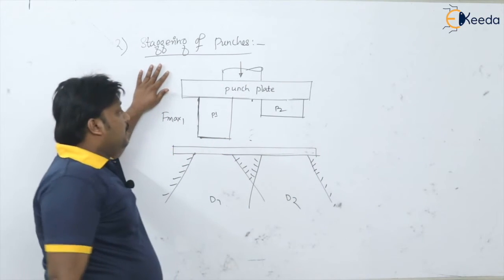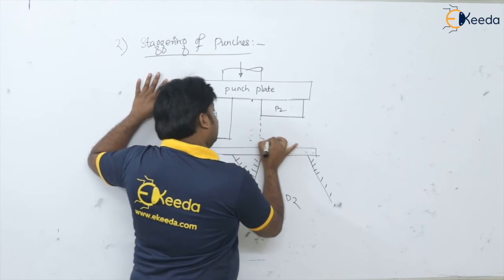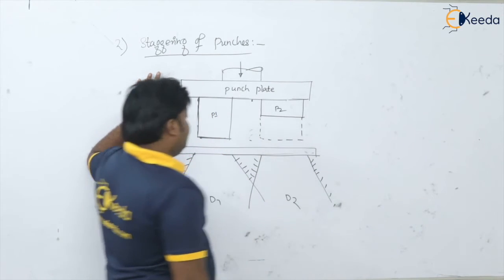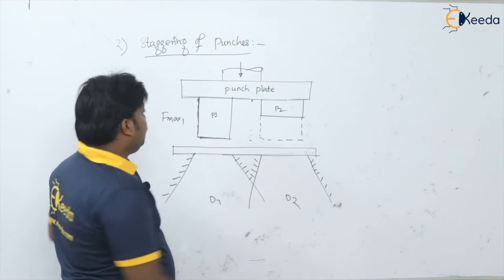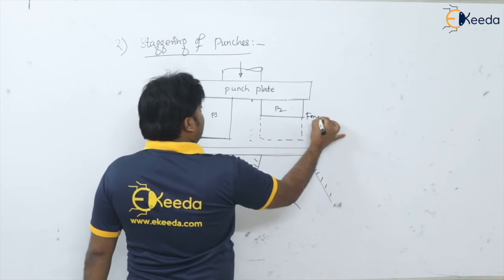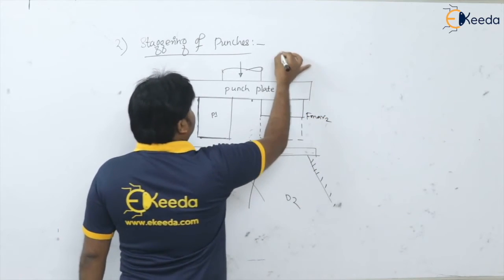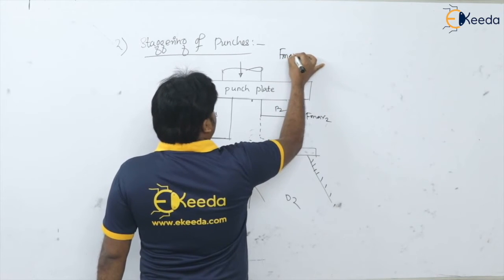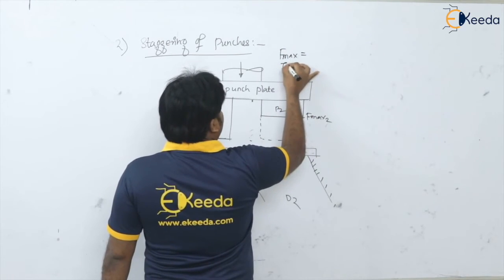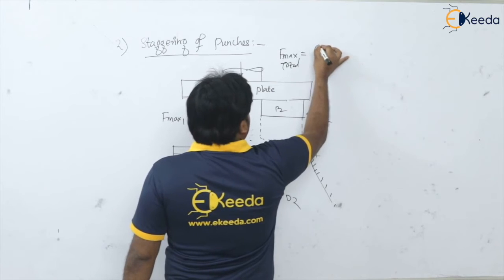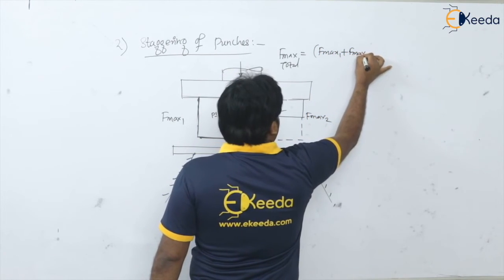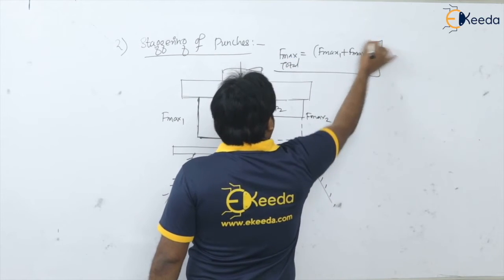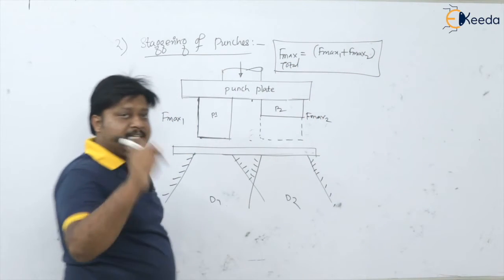The force which is acting on the sheet is nothing but the force by punch 1, F max 1, and the total force will be F max 1 plus F max 2, because both are acting instantaneously at a time.